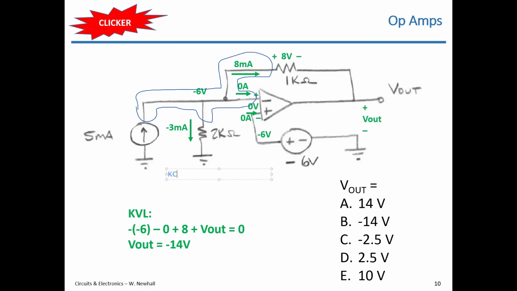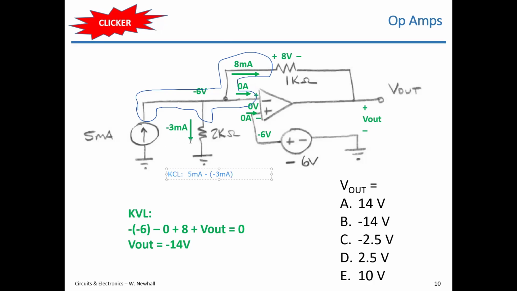So here my KCL is, let me sum the currents, let's say entering the node. And let's call this current that goes left to right through the 1K ohm resistor IX. If I sum the currents entering the node, I would say 5 milliamps plus, minus negative 3 milliamps, right?